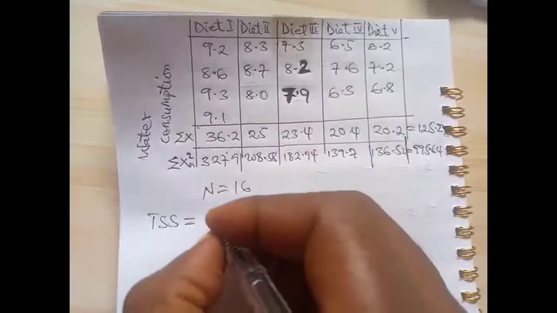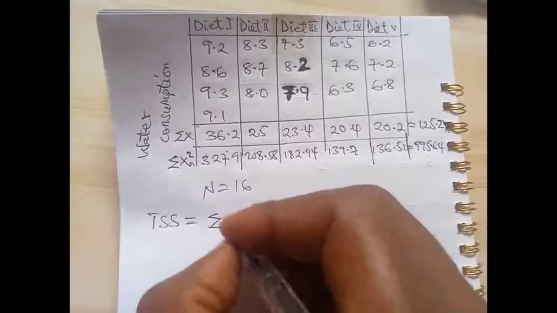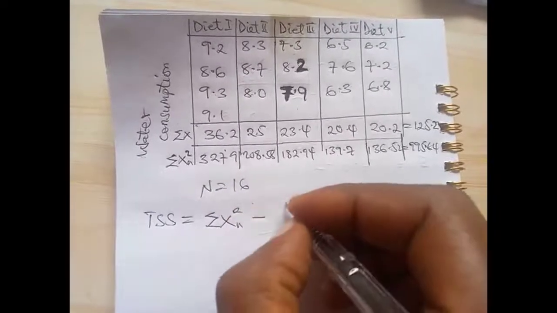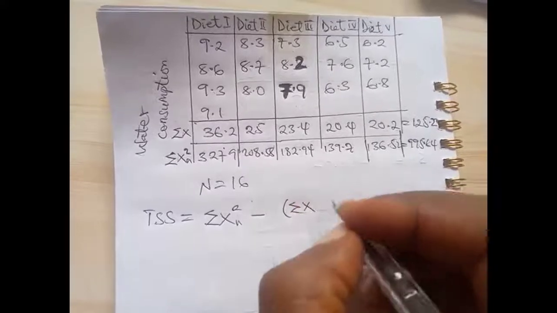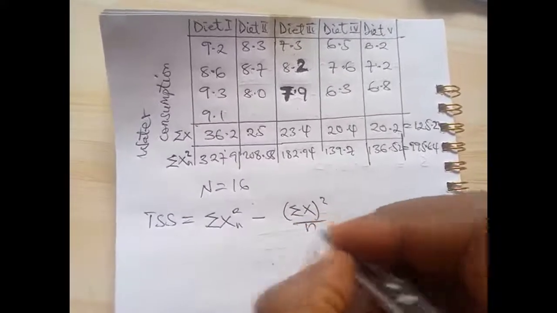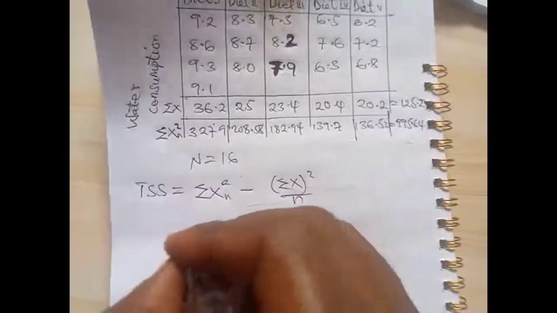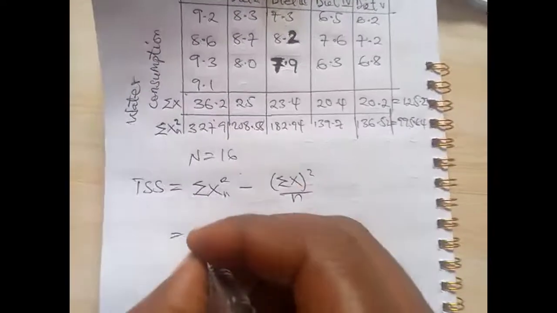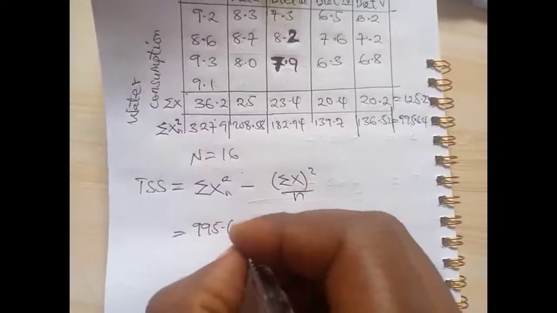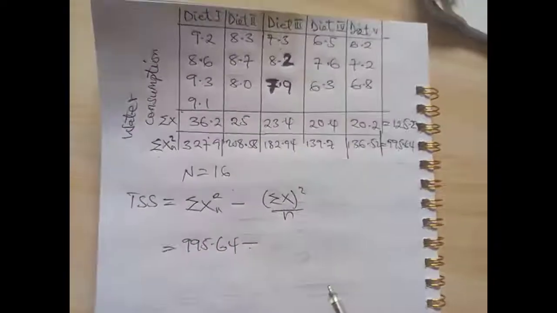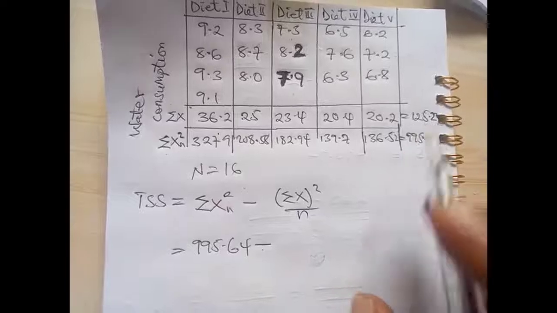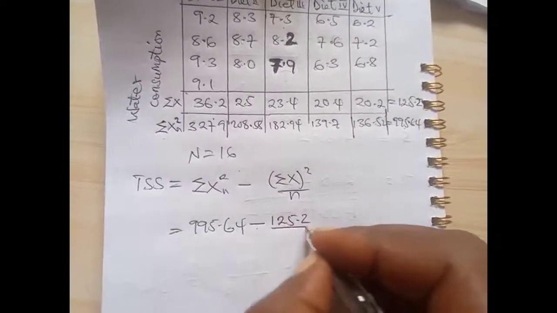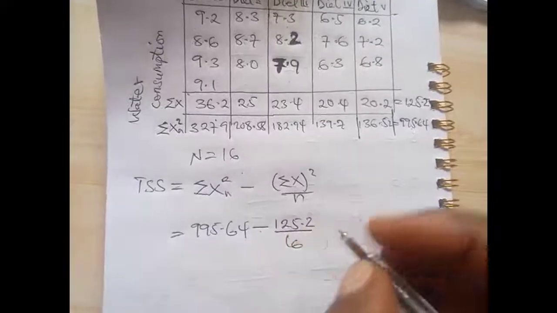For us to get the total sum of squares, which is summation of x squared minus summation x all squared over n, we add the summation of this, 995.64, minus the summation of this, 125.2, over n, which is 16.